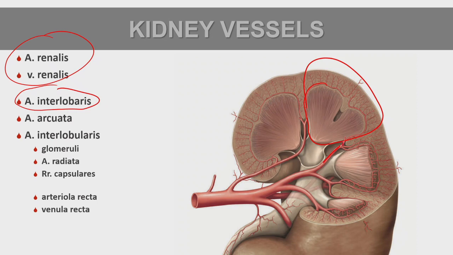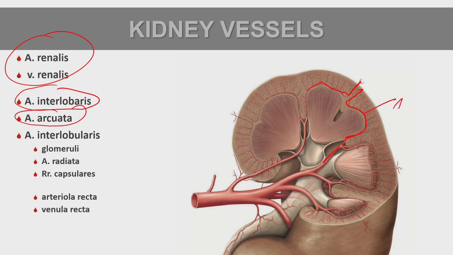In the interlobular artery, which is seen here, which is in one lobulus, you can observe this bowing artery which is going this way. And the second is going this way. And then it's very important, those are arteries which are called arcuate.